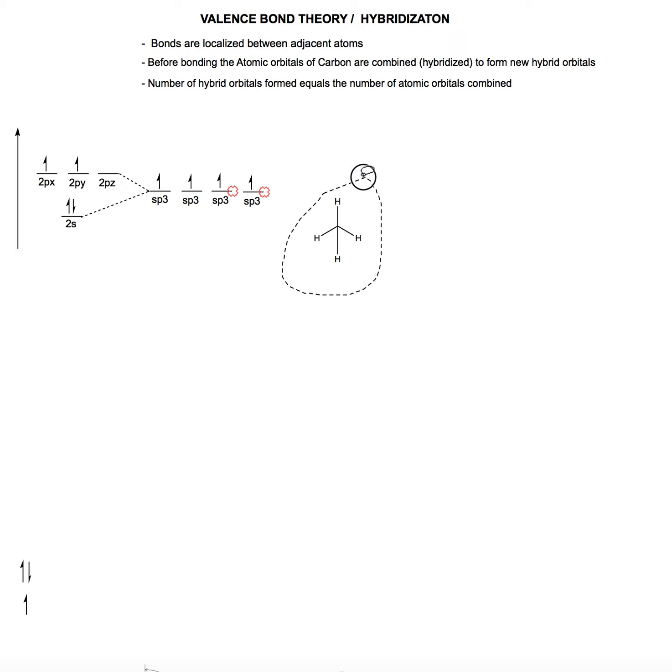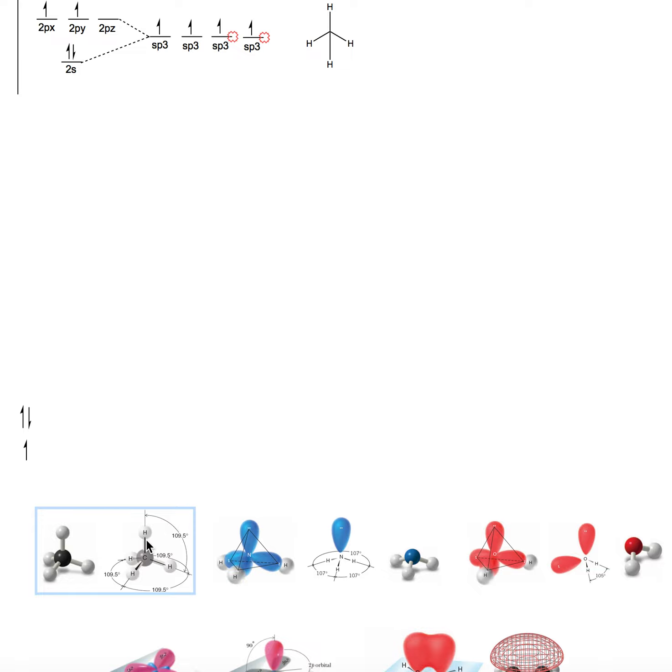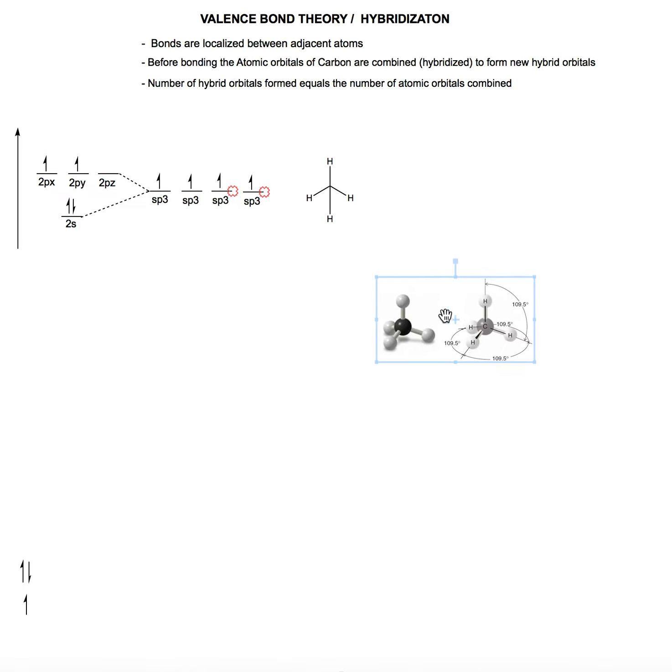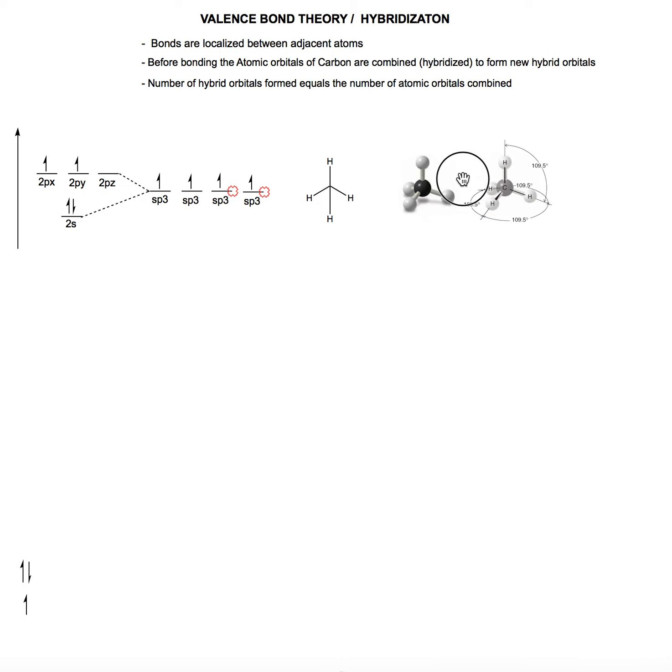And these sp3 hybrid orbitals, the 4 of them, are the ones that carbon is using for bonding to other atoms, in this case 4 hydrogens. So what is the geometry of an sp3 hybridized carbon? An sp3 hybridized carbon is tetrahedral. Remember we just discussed combining mathematically the 4 atomic orbitals, forming 4 new hybrid orbitals.